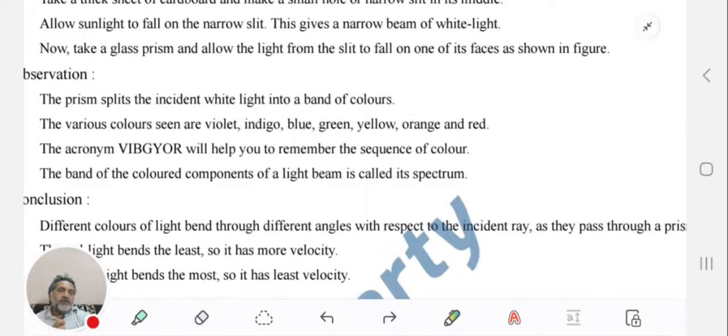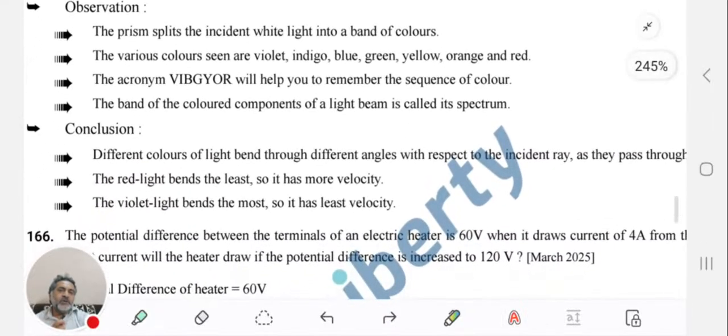as shown in the figure. Observation: the prism splits the incident white light into a band of colors. The various colors seen are violet, indigo, blue, green, yellow, orange, and red. The acronym VIBGYOR will help you to remember the sequence of colors. The band of the color components of a light beam is called the spectrum.